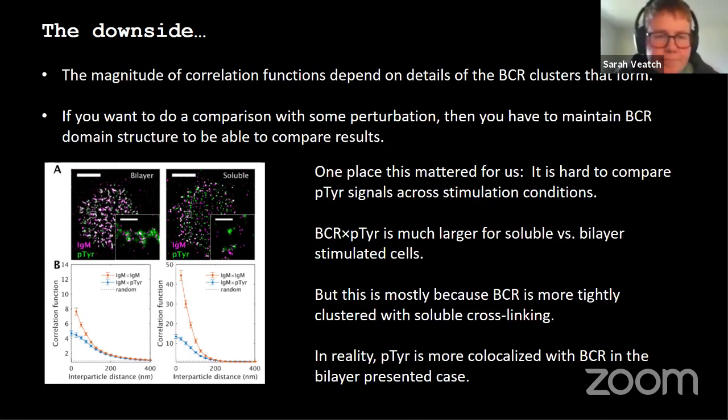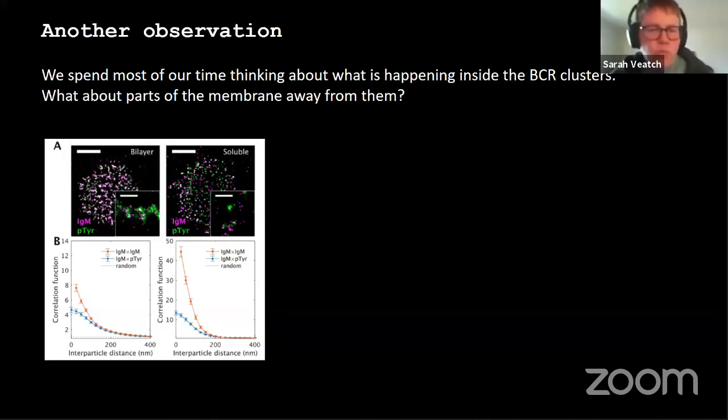Anyway, it's just a technical difficulty that makes this a bit of a pain to quantify. But one more thing with this figure that I think is interesting: most of the time, the field thinks about what's happening near the receptor when you're clustering a receptor.